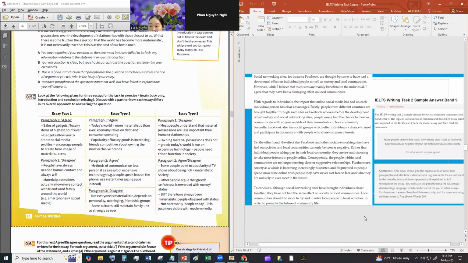Why do you think it's agree? Because huge impact. Oh no, it's disagree. And why do you think it's disagree? Because it has benefits to individuals. That's right. So it doesn't have a huge negative impact on the individual level. There you go. So you be careful, right?